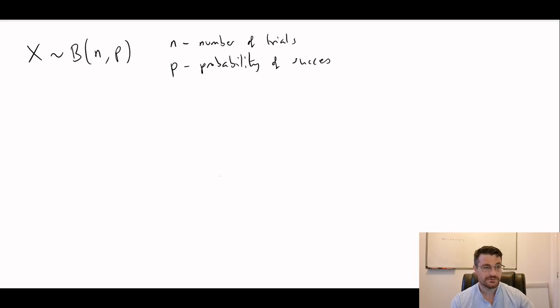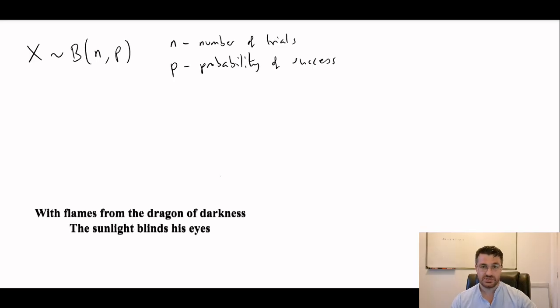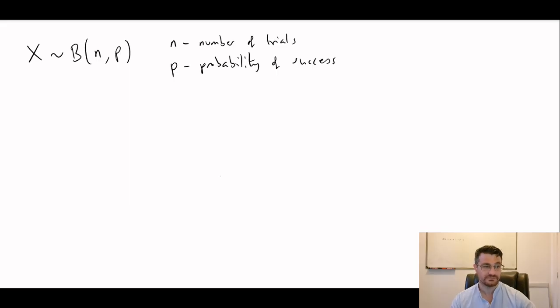Now these are just interpretations for these parameters. We don't have to refer to them as the number of trials and probability of success. We can just refer to them as the first parameter and the second parameter, for example. We don't have to necessarily apply a physical interpretation to them, but often we do.